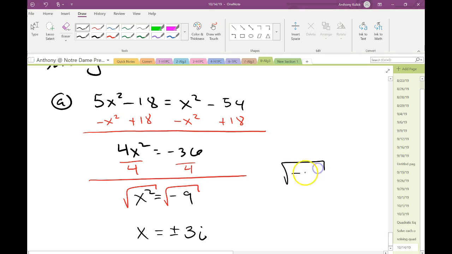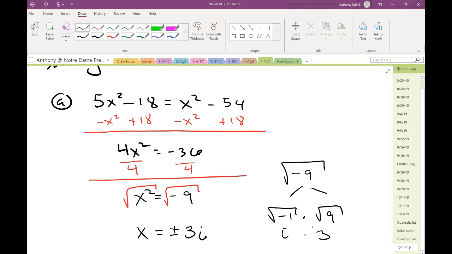So what we're doing here is we're really rewriting the square root of negative 9 as the square root of negative 1 times the square root of 9. The definition of i is it's the square root of negative 1. Right? That's how we defined i. So this would be our answer.